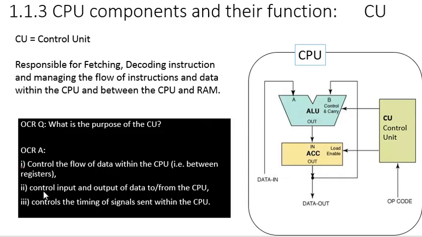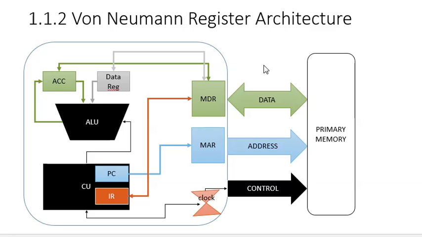Next possible point to the answer: controls the input and output of data to or from the CPU. Right, it does this by controlling the control bus, as well as making sure the MAR and the MDR have the correct data loaded for either a write or the MAR for the correct read.